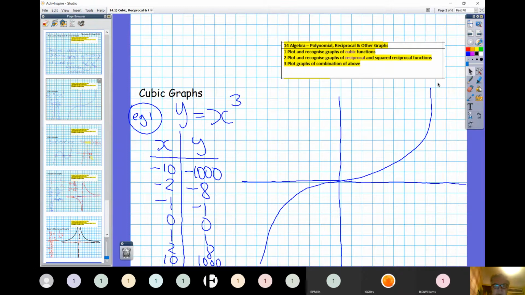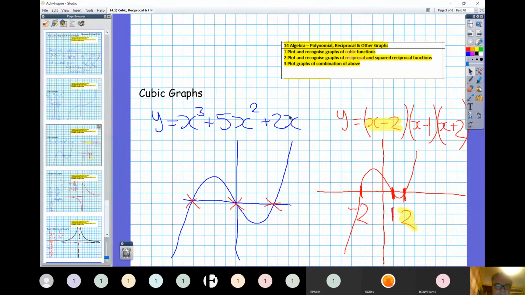Now, when you get a cubic graph like this, where we've got some extra terms, this is the shape it will be, where we will be having 3 solutions where it crosses the x-axis. We will do work later on in GCSE, and for those of you who do A-level, we'll do quite a lot of work on finding these solutions.